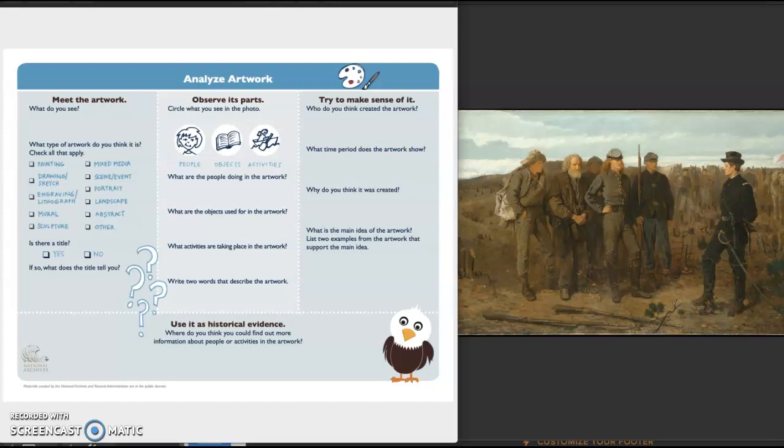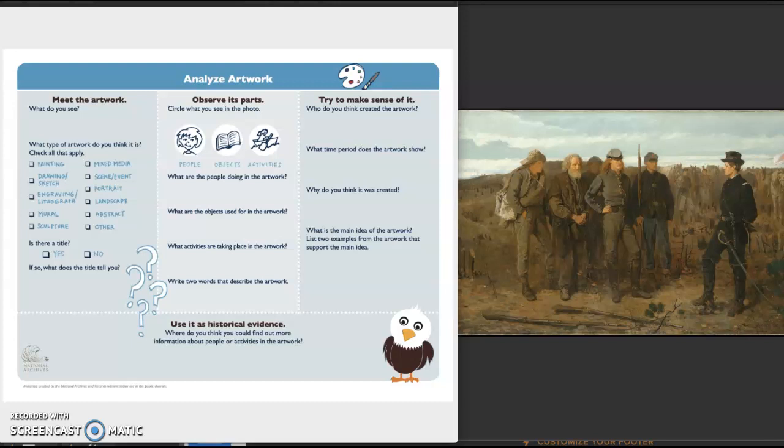Then we would go into what type of artwork you think this is. We can go into paintings, drawings/sketches, engravings, murals, sculptures, mixed media, scenes/events, portraits, landscapes, abstract, or other. We can say this is a painting along with a scene/event.